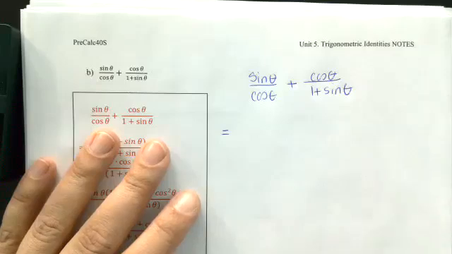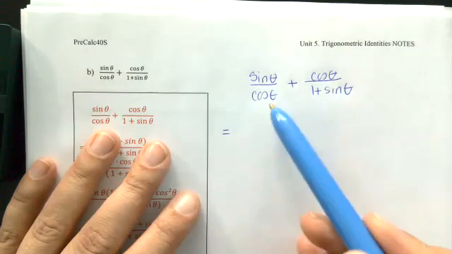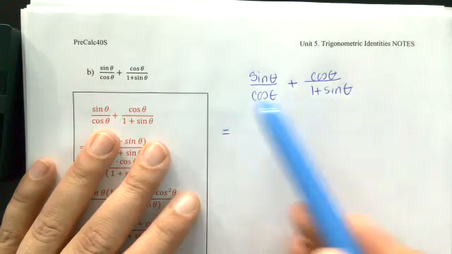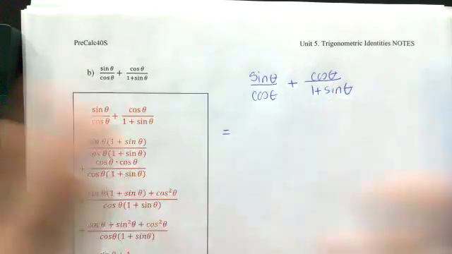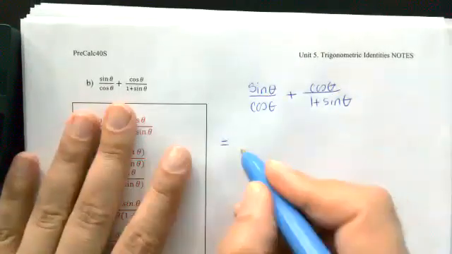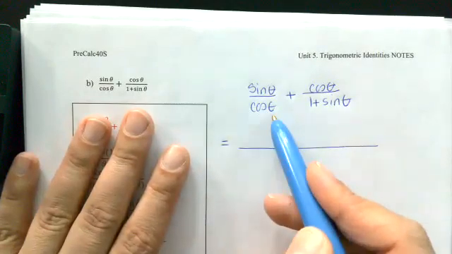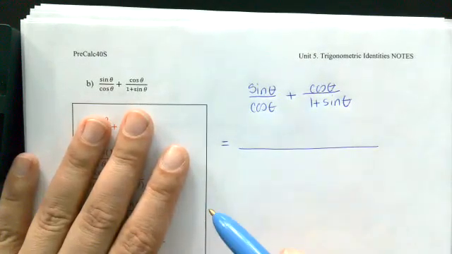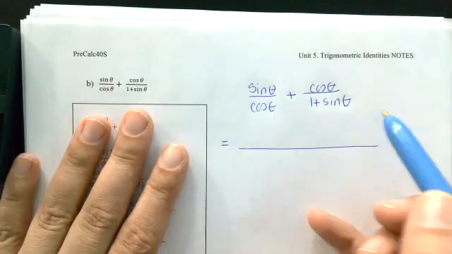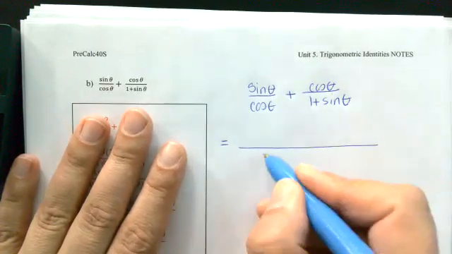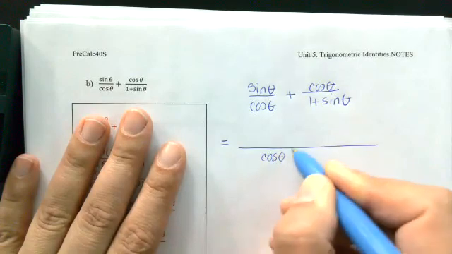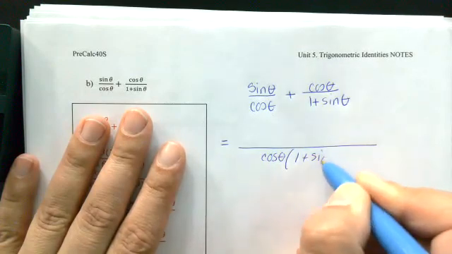Now, these are all sines and cosines, right? There's nothing to do in terms of the rule of thumb. So I'm stuck here. Okay, try to put these two fractions together by adding them up, right? So I will have to find a common denominator between cosine of theta and 1 plus sine of theta. They're all different.